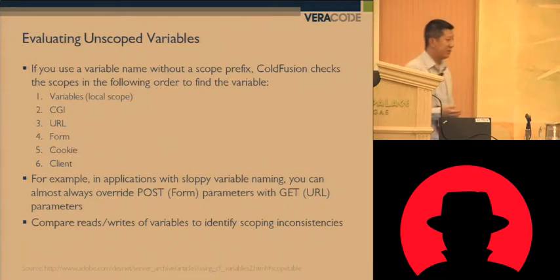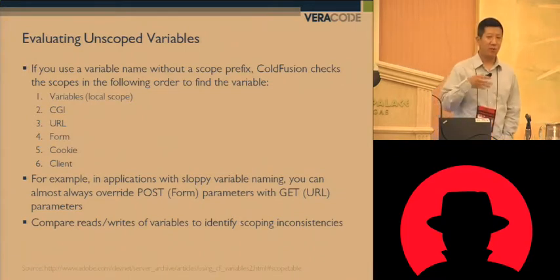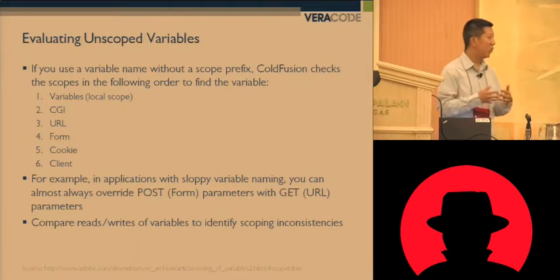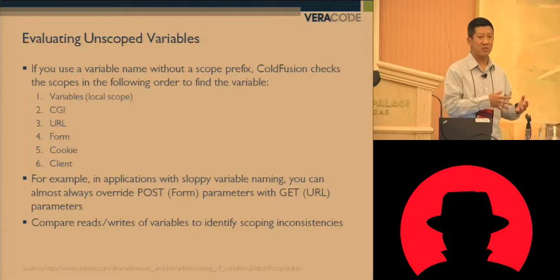So one thing you should do if you're developing an application, or if you have access to the code for an application that you're reviewing, is look for any scoping inconsistencies. What I mean by that is, number one, any case where unscoped variables are used, but more importantly, any case where there's a mismatch between places where scoping is used and is not used.